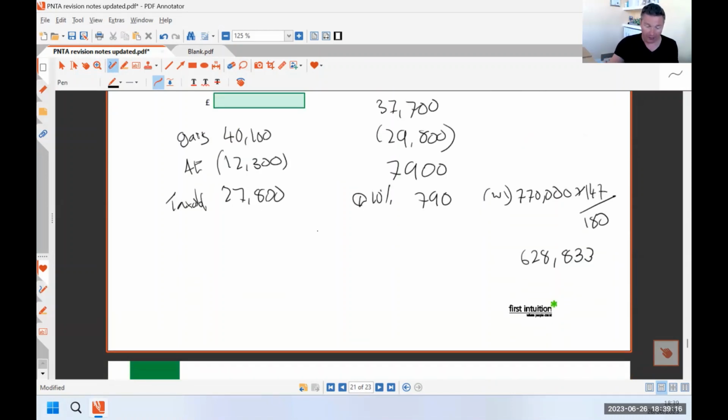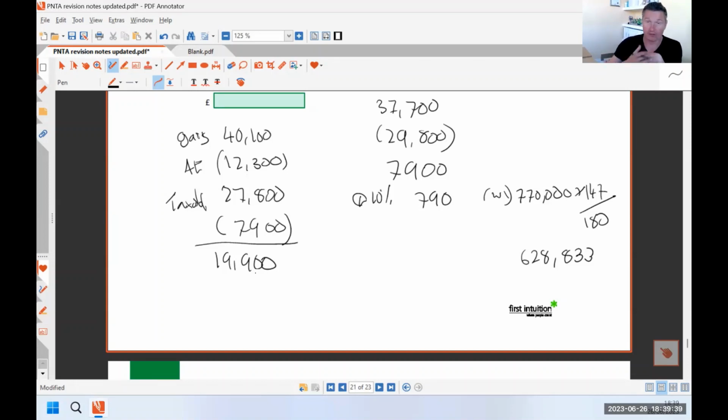So of the 27,800, we've now taxed 7,900, which leaves us with gains of 19,900, which is going to be taxed at what rate? That's right.